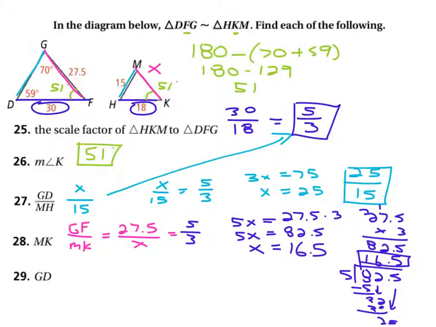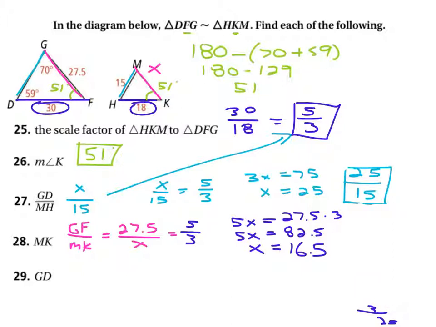I'm going to erase the calculations we did, but instead of saying x is equal to 16.5, we're going to just say MK is equal to 16.5.